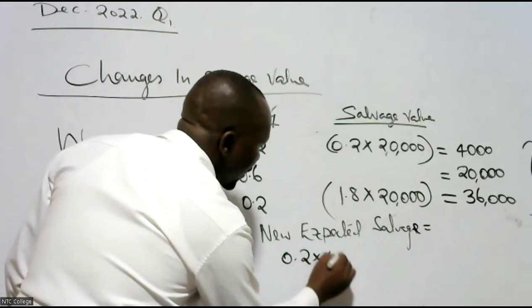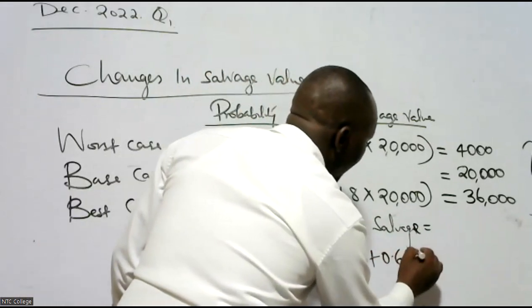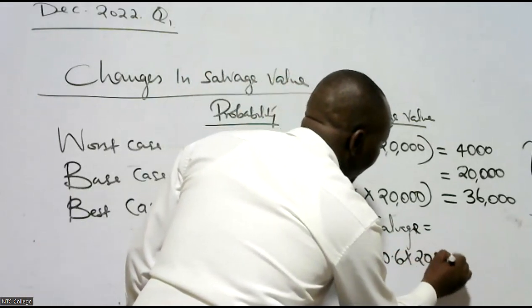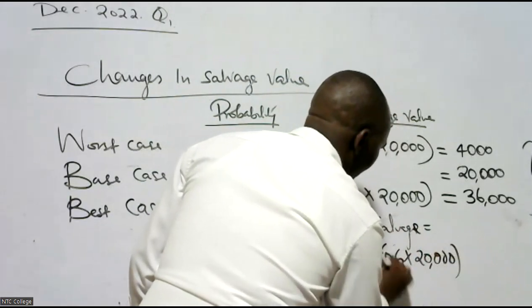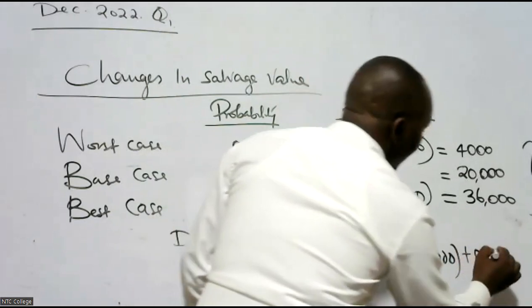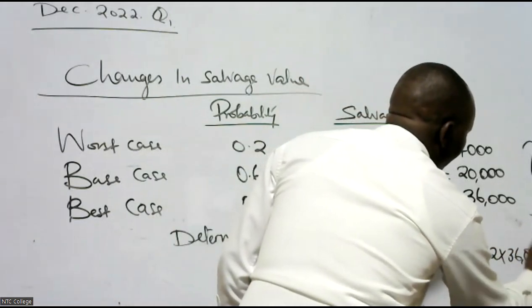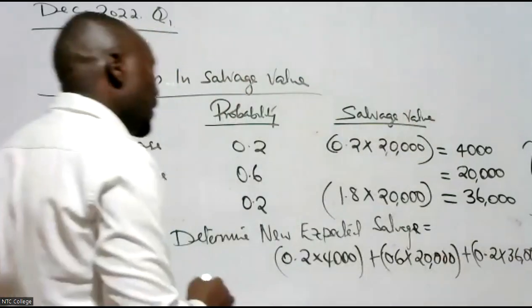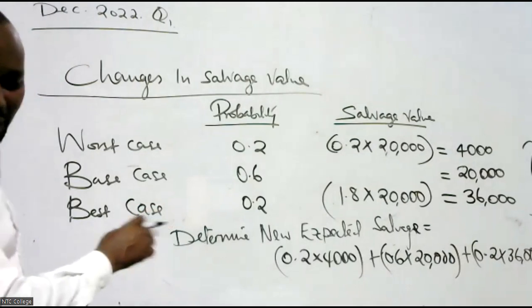So we are having 0.2 times 4,000 plus 0.6 times 20,000 plus 0.2 times 36,000. So what is the new expected salvage value?